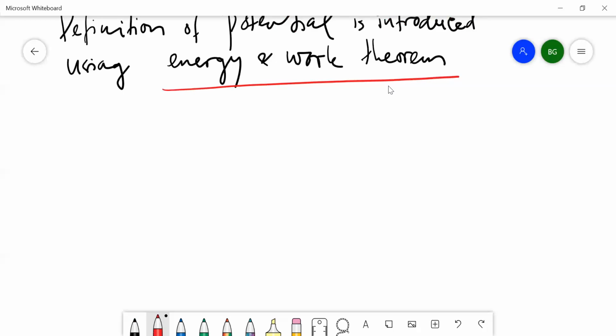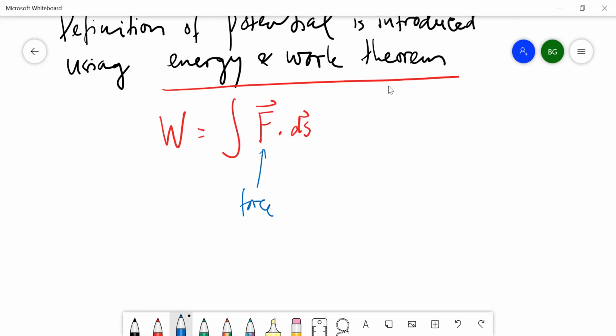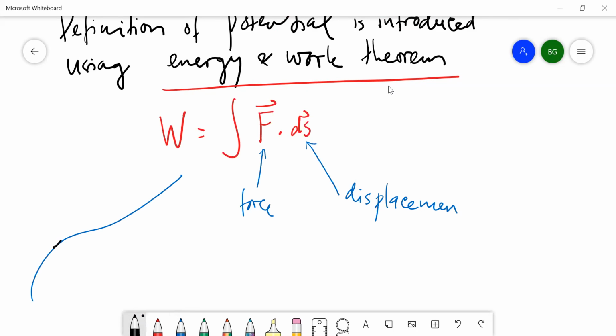If you know about work, it is defined as F dot S. So F here is force, and this one is displacement. So somehow, if you consider a curve, for example, this is a force F. So this is, for example, its displacement. This could also be proportional to V dt.